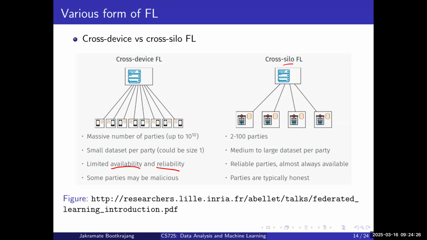So you can think of this as maybe one hospital, like each of these would be one hospital, and each hospital would create their own machine learning model, and then each one of them will share the model to the central server, and the central server will do the update together.